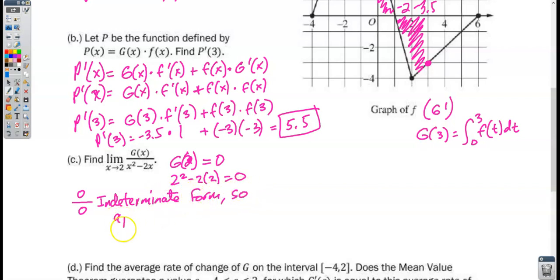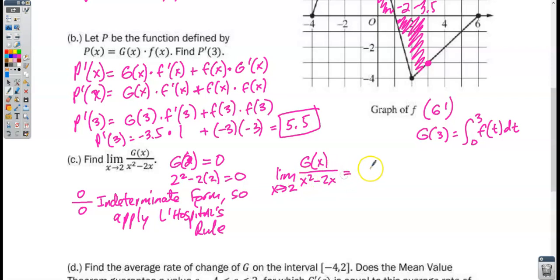So we're going to apply L'Hopital's rule. And so the limit as x goes to 2 of capital G of x over x squared minus 2x is equal to the limit as x goes to 2 of capital G prime of x over 2x minus 2.